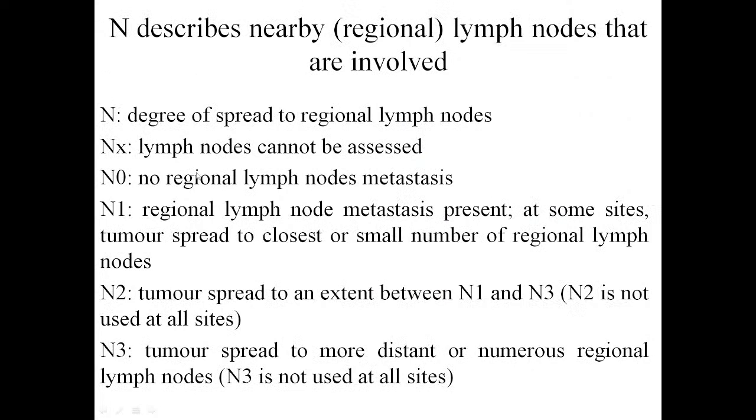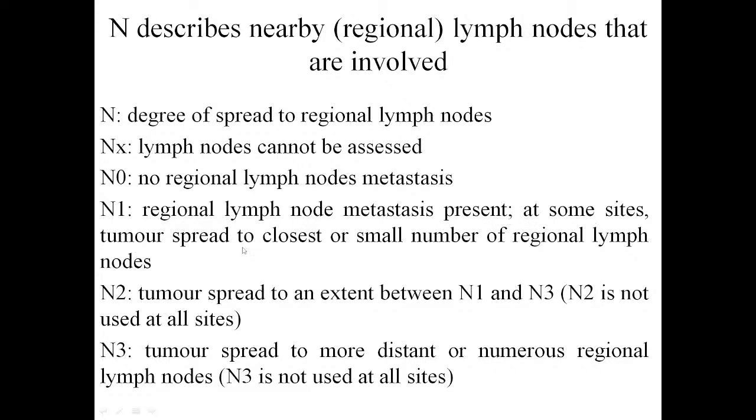Next, letter N describes neighboring lymph nodes that are involved, and we divide it into the next groups. N0, no regional lymph node metastasis, and N first, regional lymph node metastasis present at the same site.